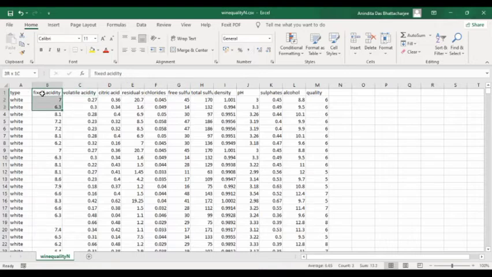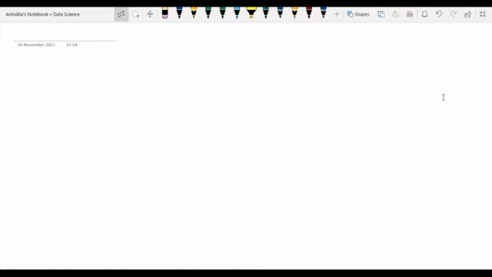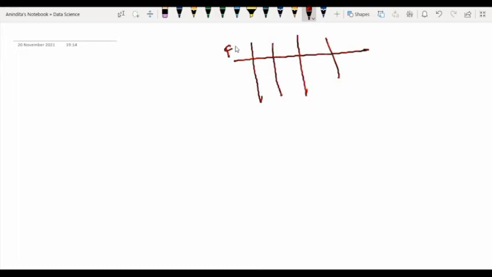Whenever you are comparing two features, means correlation of two features, then you will get one value. For an example, please pay attention to this. Say we have one simple data set where we have multiple features and one target value.